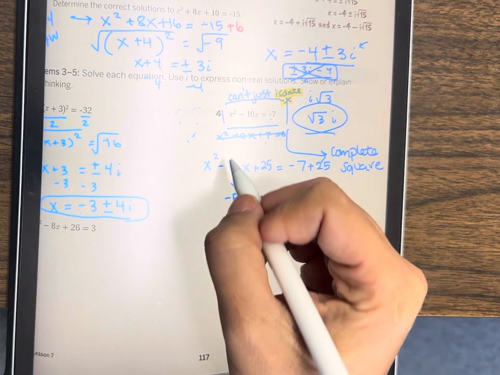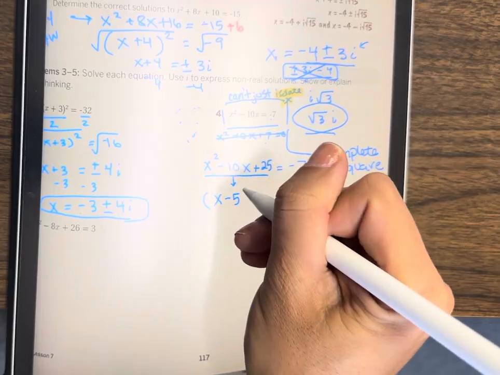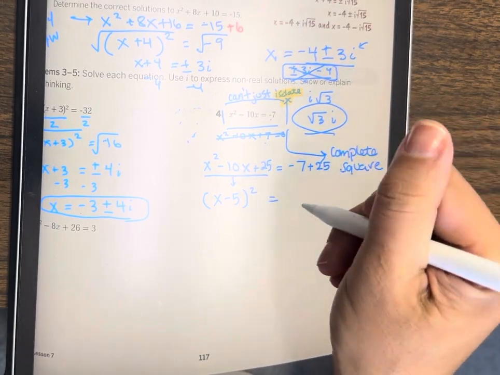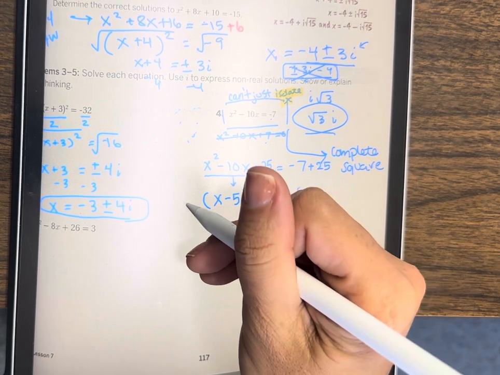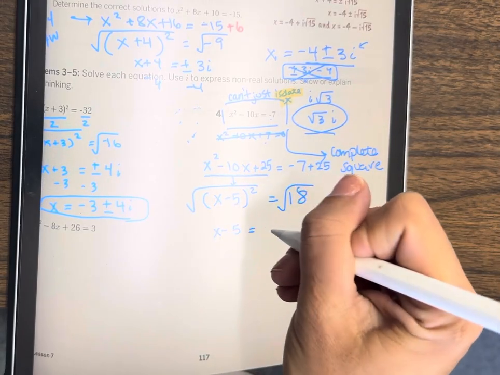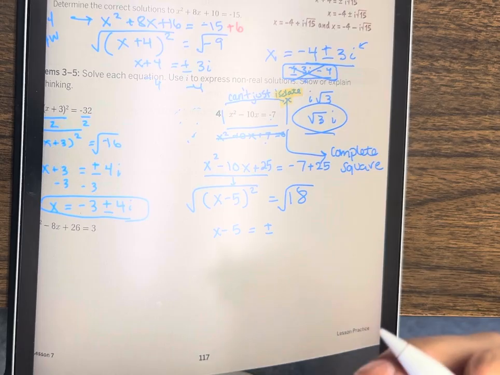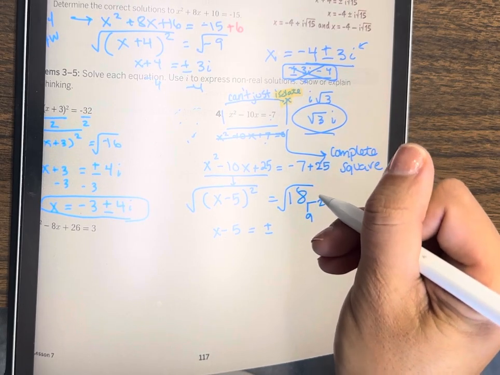And now we simplify. This x squared minus 10x plus 25 will factor into that. And negative 7 plus 25, that's 18. Now we square root both sides. We get x minus 5 equals plus or minus, and then we need to simplify the rad 18. 18 is 9 times 2.